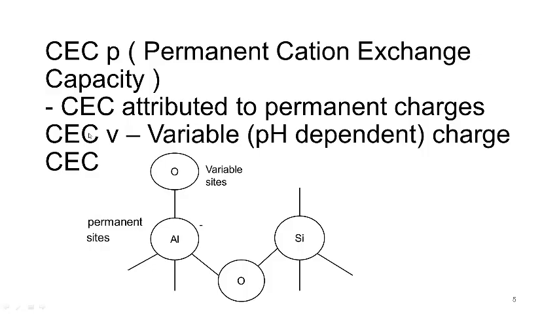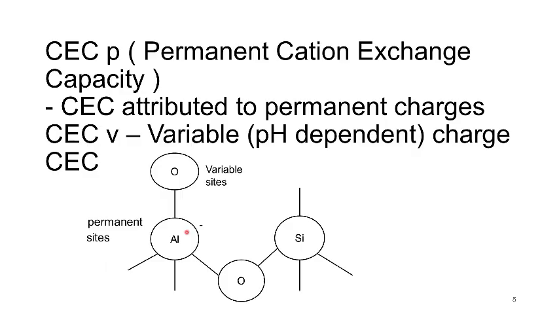This is the definition of the types of cation exchange capacity. The permanent cation exchange capacity means the cation exchange capacity related to the permanent sites. This comes from isomorphous substitution, because instead of a silicon atom, it can be substituted with another atom.